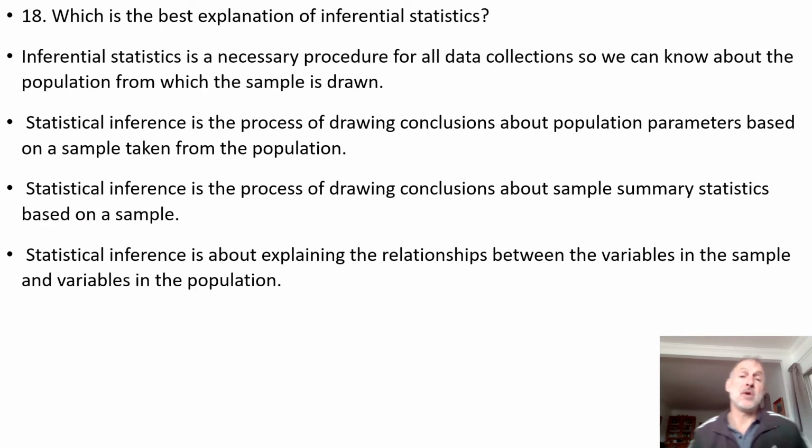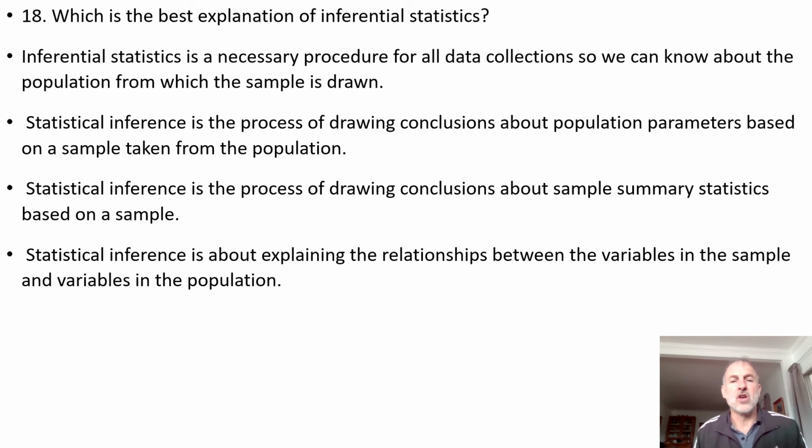Which is the best explanation of inferential statistics? Inferential statistics is a necessary procedure for all data collections so we can know about the population from which the sample is drawn. Statistical inference is the process of drawing conclusions about population parameters based on a sample taken from the population.